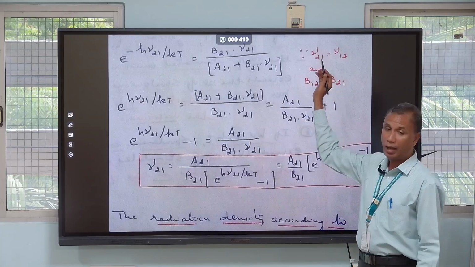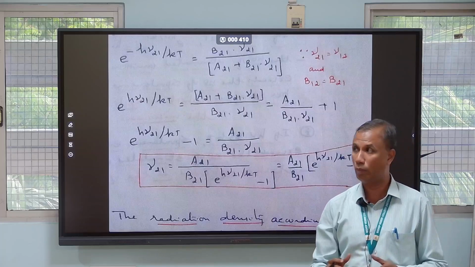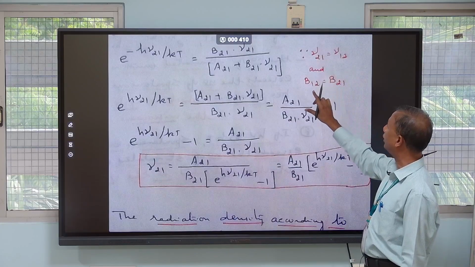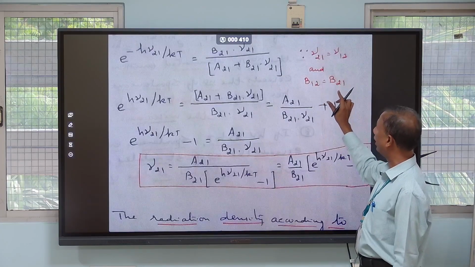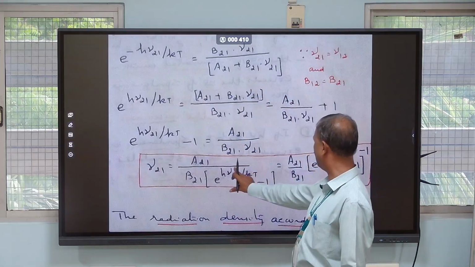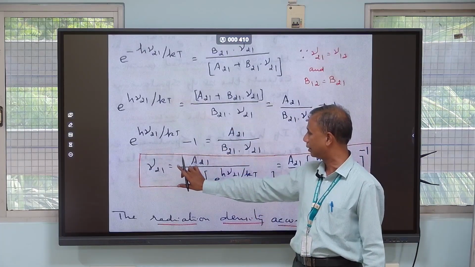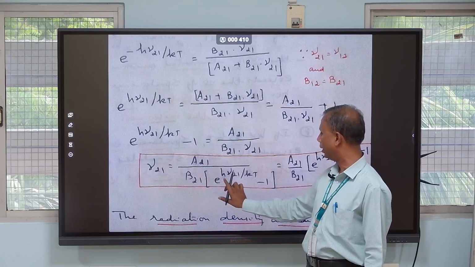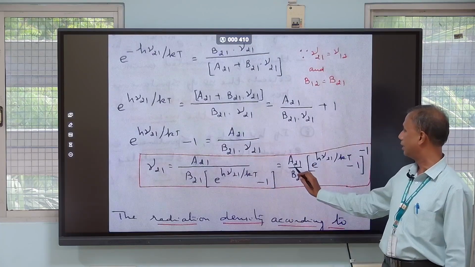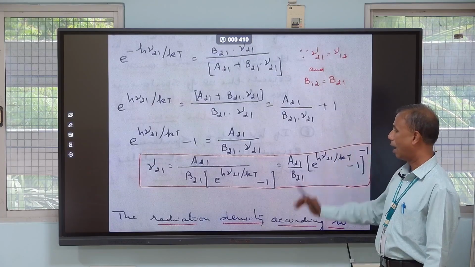Since nu 21 is exactly equal to nu 12 at equilibrium condition, nu 21 is equal to nu 12, and likewise B12 is equal to B21. Substitute in this equation and rearrange everything. Finally, you have this equation for nu 21, which is A21 by B21 into e power h nu 21 by kT minus 1, whole power minus 1.